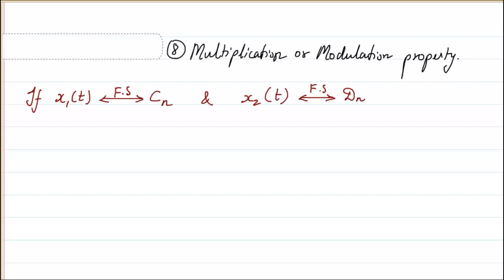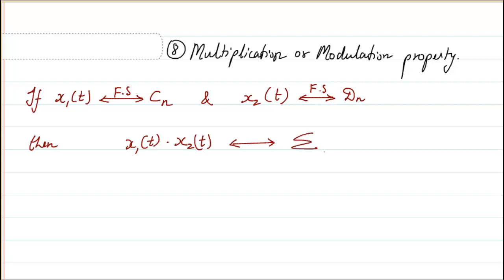Next property is the modulation property or multiplication property, which states that if the Fourier series of x1 of t is c of n, and if the Fourier series of x2 of t is d of n, then if I am going to multiply x1 of t with x2 of t, then the Fourier series of that multiplication is going to be actually the convolution between c of n and d of n.